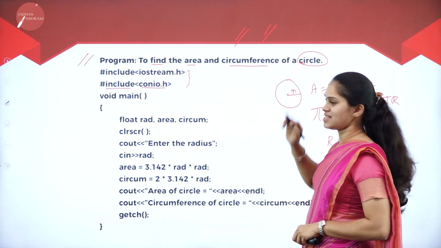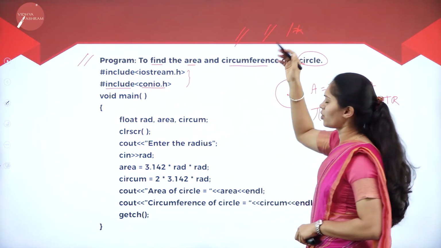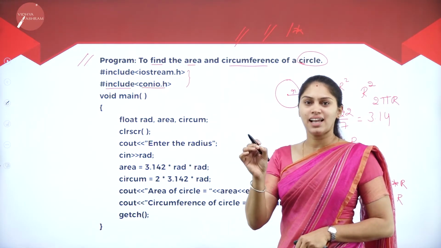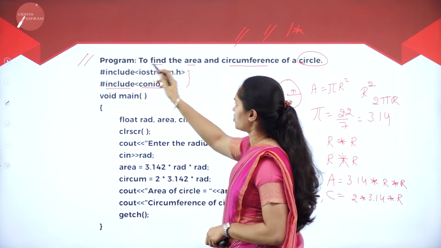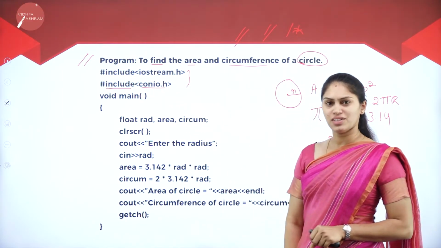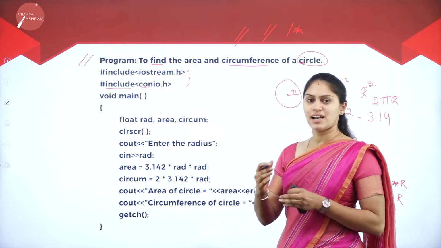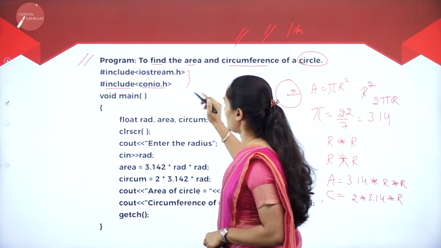Because this comment is in a single line, we use //; if it had more than one line, we could have used / and asterisk. The line to find the area and circumference of a circle will be neglected by the compiler and considered a comment.